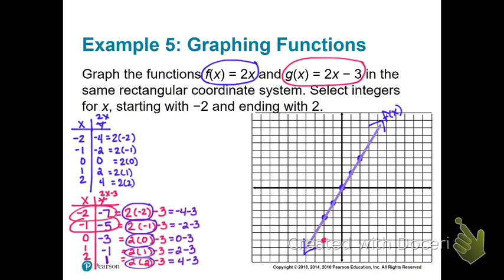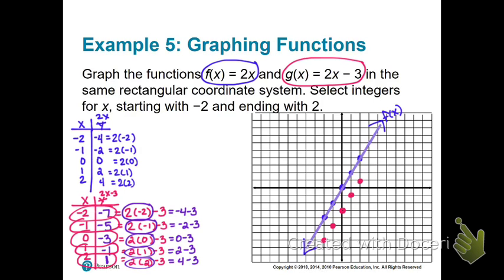So left 1, down 5. 0, negative 3. So don't go left or right any, but just go down 3 from the origin. 1, negative 1. So go right 1, down 1. And then 2, 1. So go right 2, up 1.